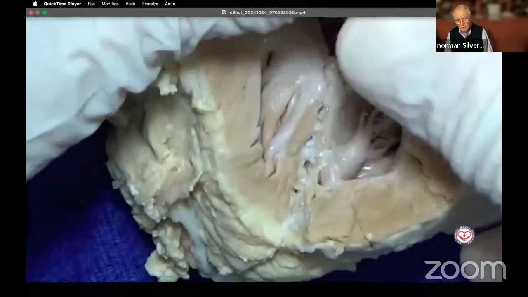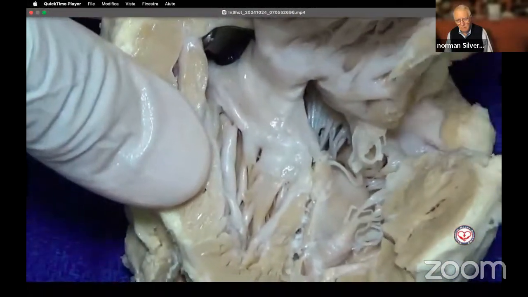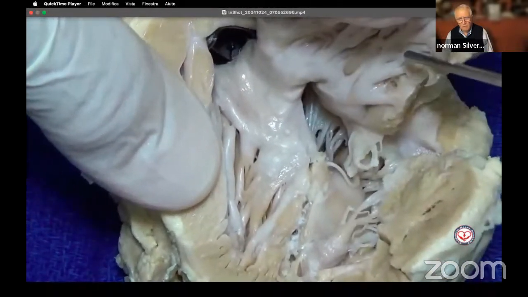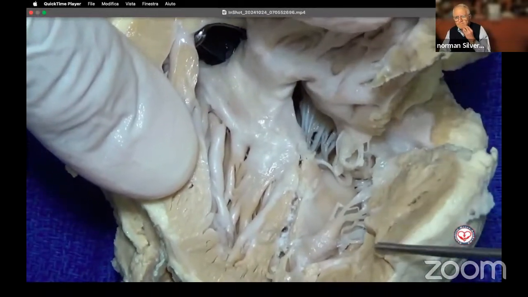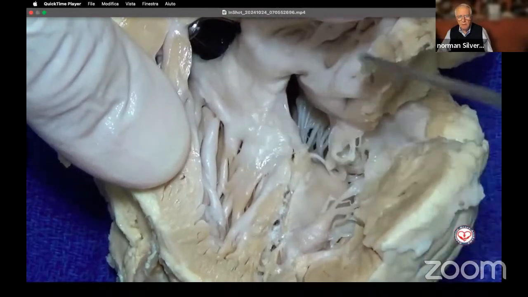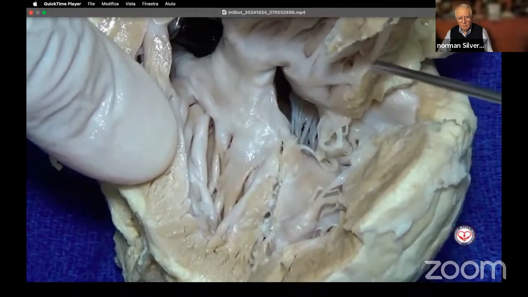Looking at the outlet component of this morphologically right ventricle, here we see that there is a prosthetic aortic valve previously placed, and this is our subaortic muscular infundibulum. The septomarginal trabeculation is here, with the cephalic arm rising up to be incorporated into the muscular infundibulum.